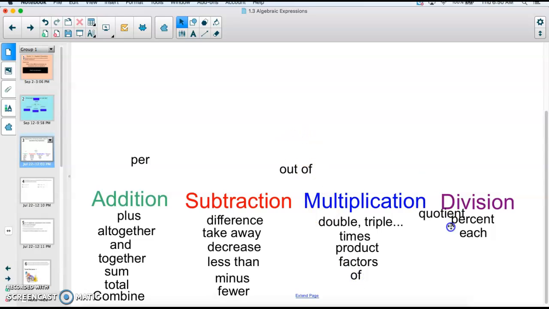Quotient, that's what you get when you divide two numbers. Out of, also a division word. 3 out of 4 would be 3 divided by 4. And per, you think of miles per hour, that's miles divided by hours. All right, so these are keywords that, as we're going through word problems, whenever you see them, refer back to this chart, and you can literally replace that word with addition or subtraction or the symbol that applies.